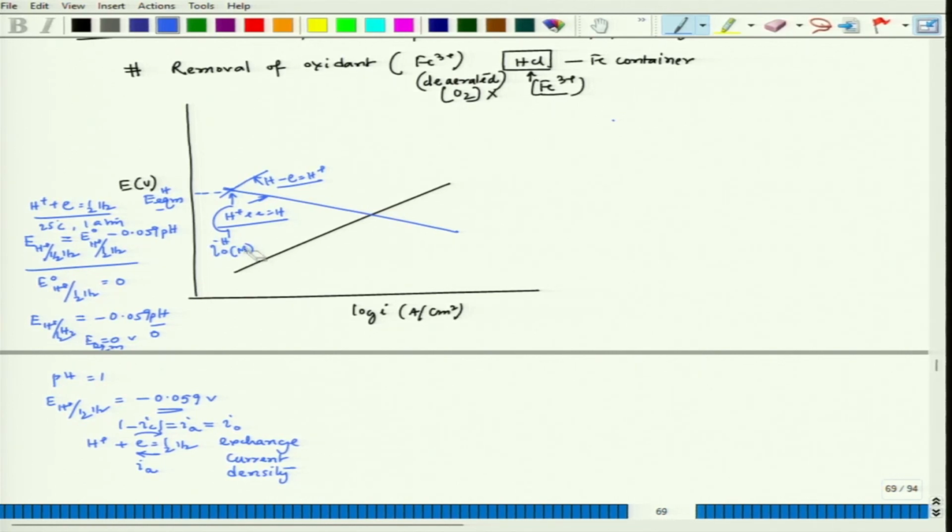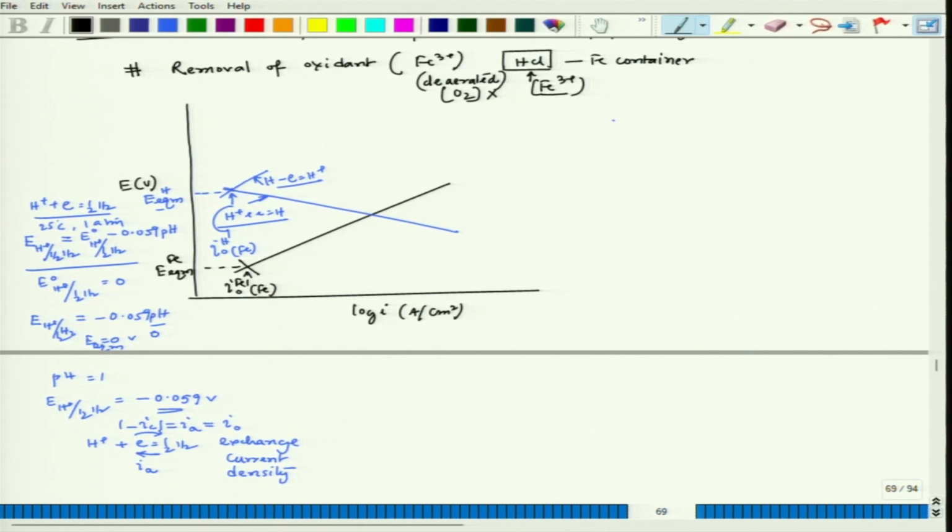So, that is the metal, and here it is iron. I can put it as iron because on the iron surface hydrogen evolution takes place, and this corresponds to E equilibrium for iron, and this corresponds to i naught for iron on the iron surface.